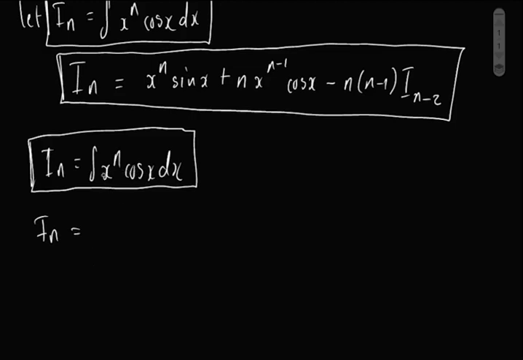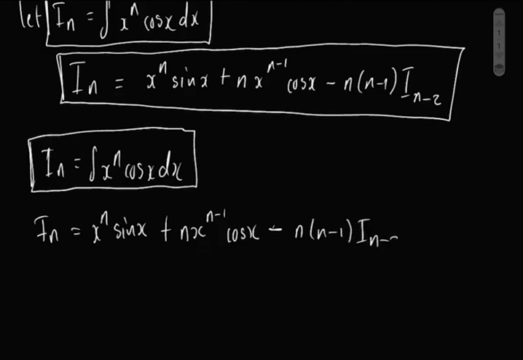First thing we do, we bring the x to the n as it is, then we integrate cos x, which is sine x. Then we add that to the derivative of that guy, so n x to the n minus 1 multiplying cos x. Then we subtract n by n minus 1 of I_n minus 2.